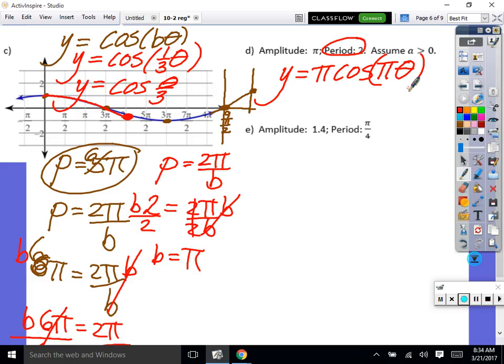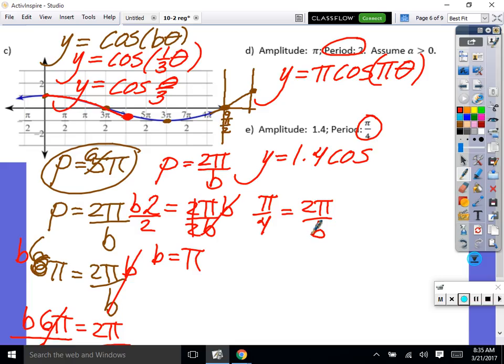All right, let's do this one. Our amplitude is 1.4. Okay, so y is equal to 1.4 cosine of b theta. We know b means number of cycles, not the period, so let's do our algebra again. Since our period is pi fourths, we'll put it in there. So pi fourths equals 2 pi divided by b. Solve for b now. Multiply by b. The b's divide out.